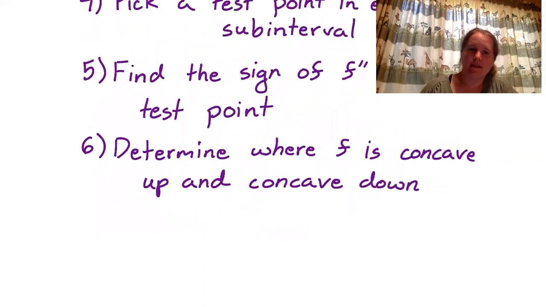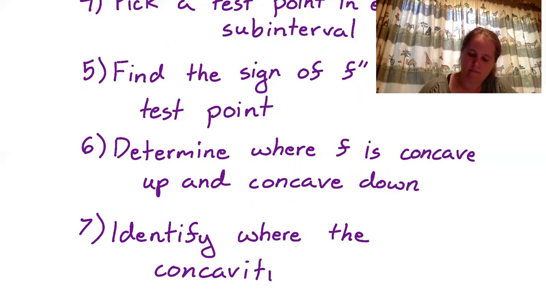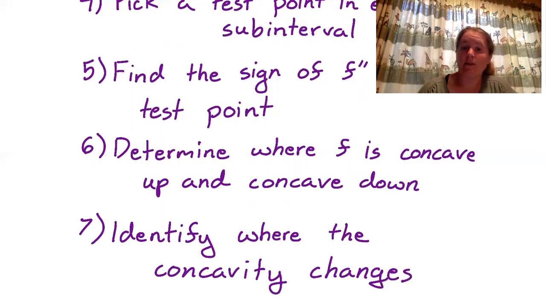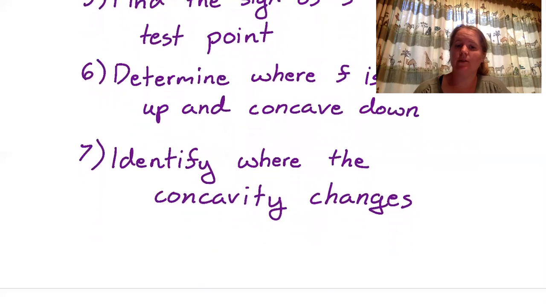And then identify where the concavity changes. So we're doing precisely what we did for just determining where it's concave up and concave down. We're just adding that final step of identifying, is this point a point of inflection or not?